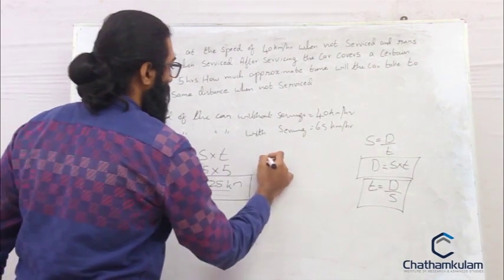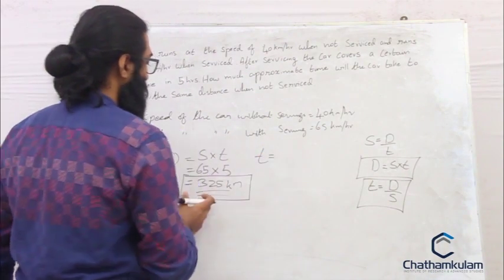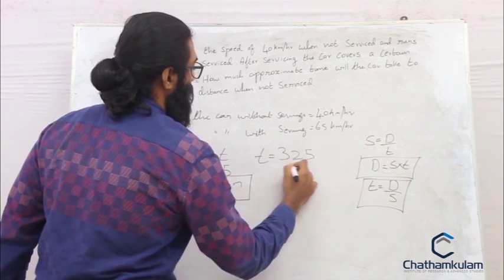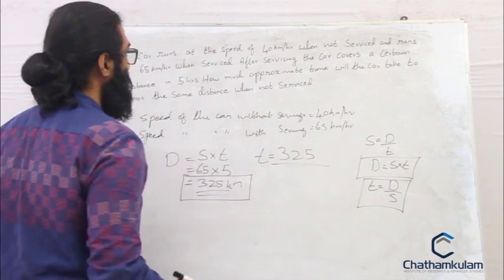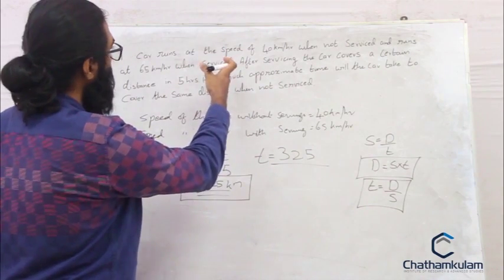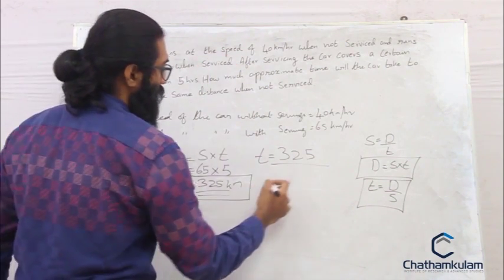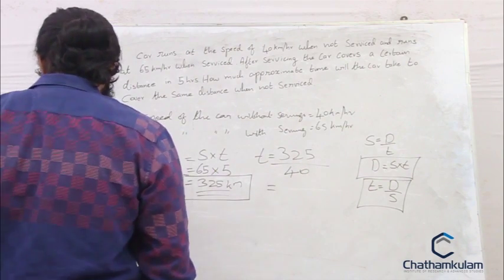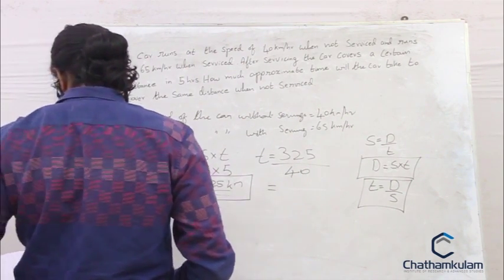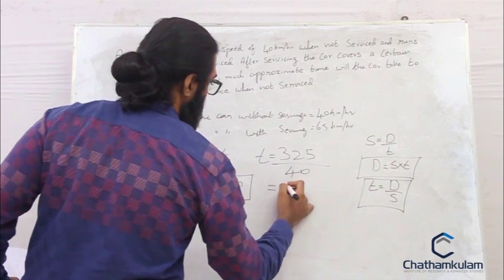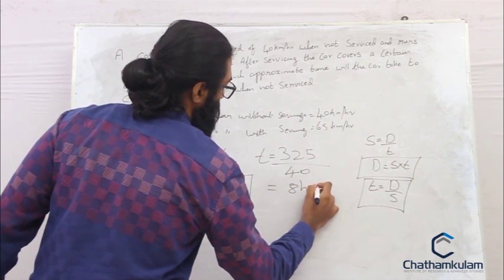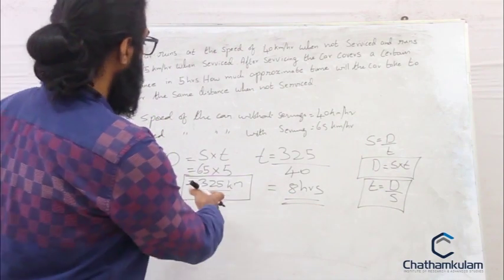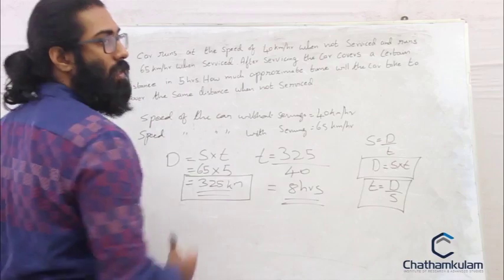So T equals, what is the distance covered? That is 325 by, what is the speed? Speed without servicing, it is 40, right? So 325 divided by 40, we get it as 8 hours. So this is the time taken if we cover the same distance when not serviced.